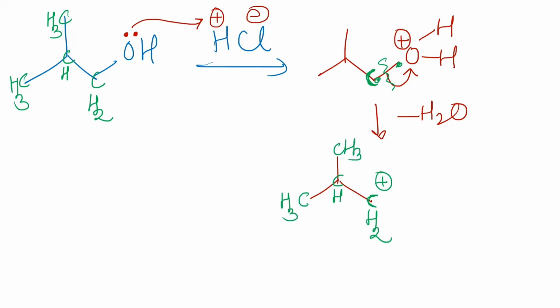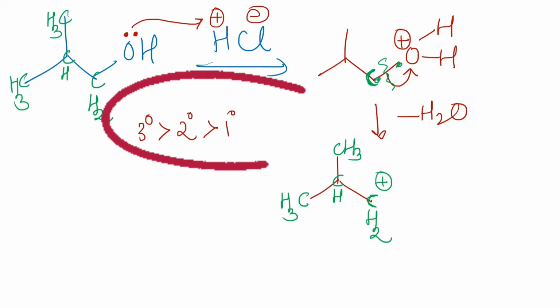So this is the carbocation formed. Now you can see here, this is the primary carbocation which is formed. Whenever I talk about carbocations, the tertiary carbocation is more stable than the secondary, and the secondary is more stable than the primary carbocation. This is the carbocation stability.